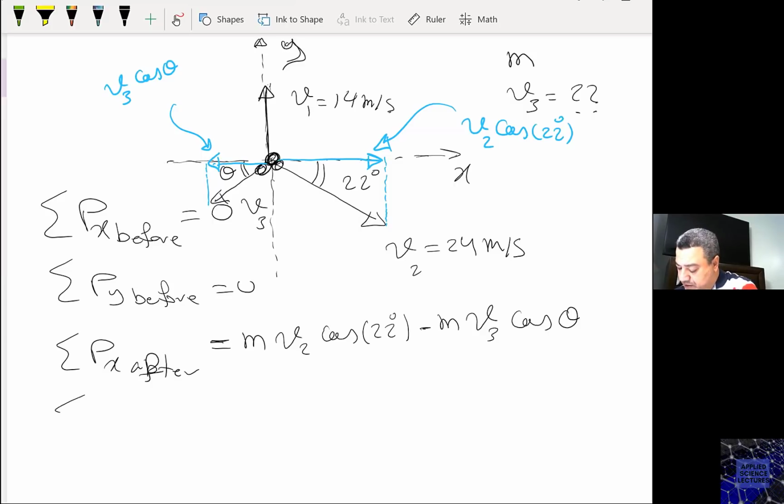Now let's look at the py after. This one has a component on the y.